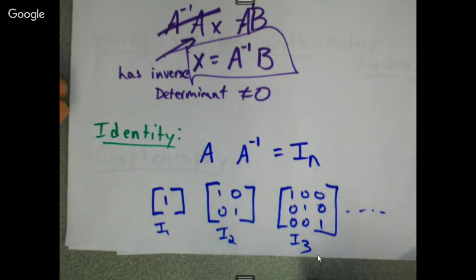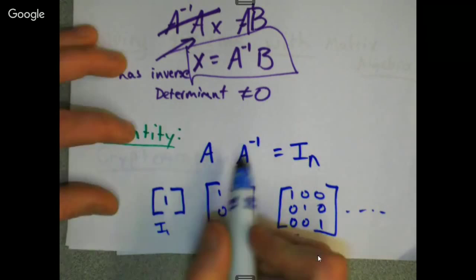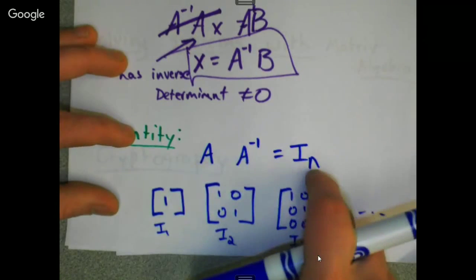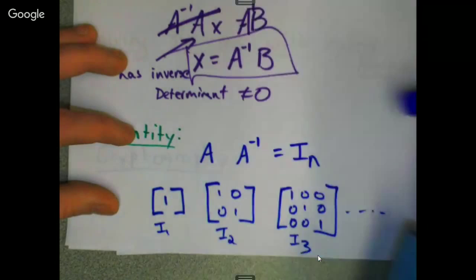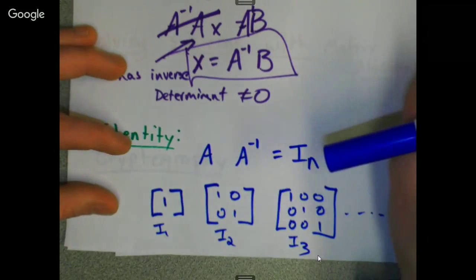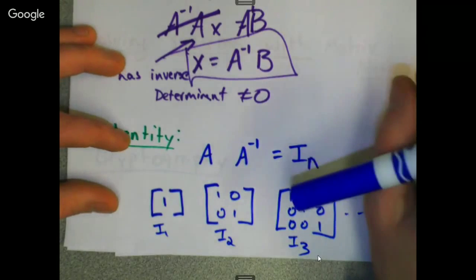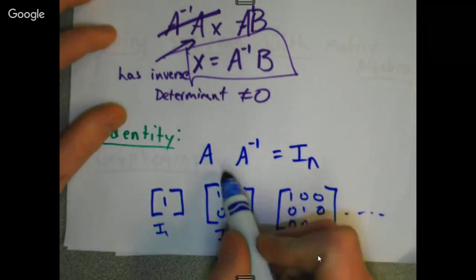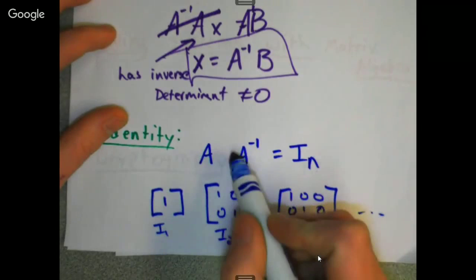So that's the identity. If I take A times the inverse, I get out the identity. So we're going to use this identity idea to help us find out what this matrix is.